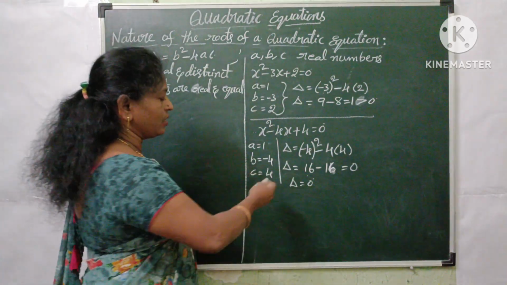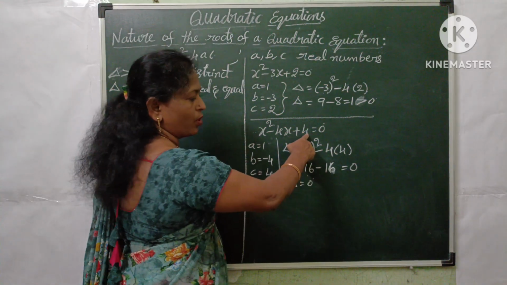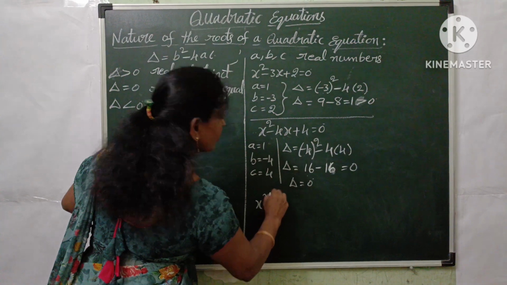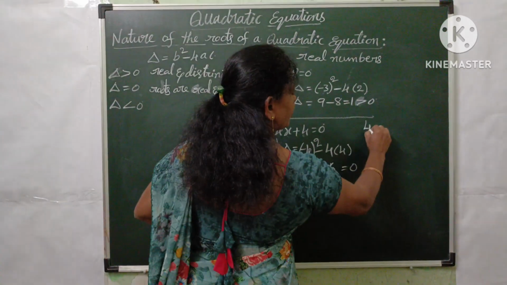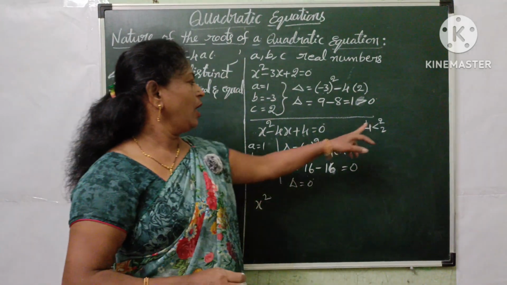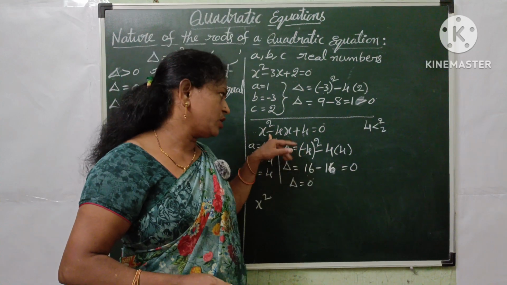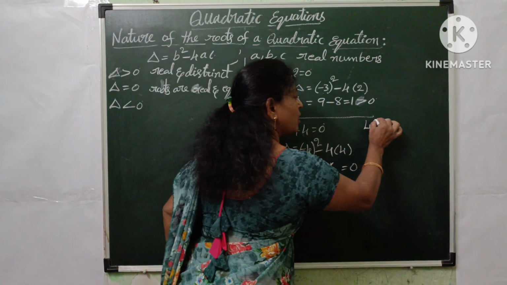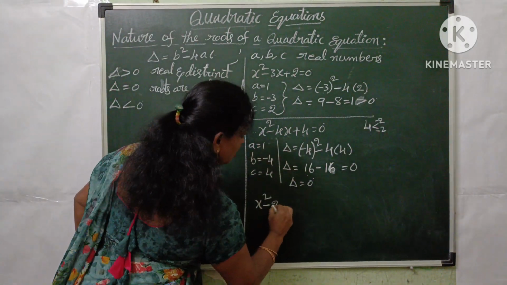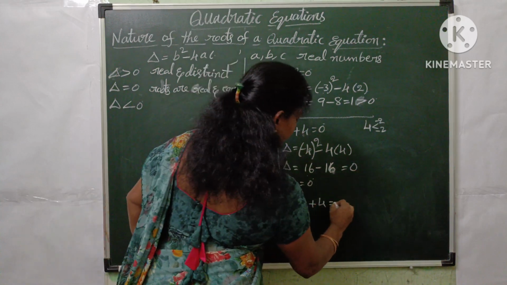Now let us see the roots also. Here, x square minus 4x plus 4. We have to find the factors here. So for x square, the factors are x and x, and for 4, 2 into 2. When you add these two, it must give the middle term minus 4x, which has a negative sign, so we have to use the sign also: the factors are minus 2 and minus 2. Now see here, x square minus 2x minus 2x plus 4 equal to 0.